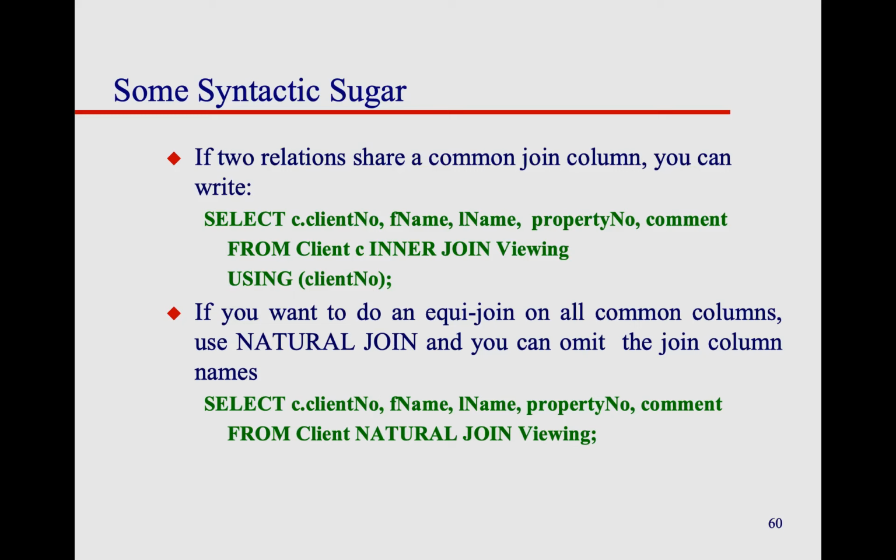It would be rare that you want to join on a subset of the commonly named columns. If you want to join on a subset, you'll use this form, inner join using. But if you wish to join on all matching columns, you would say natural join. And then you don't have to indicate what the columns are, because the query optimizer knows you're using all commonly named columns.